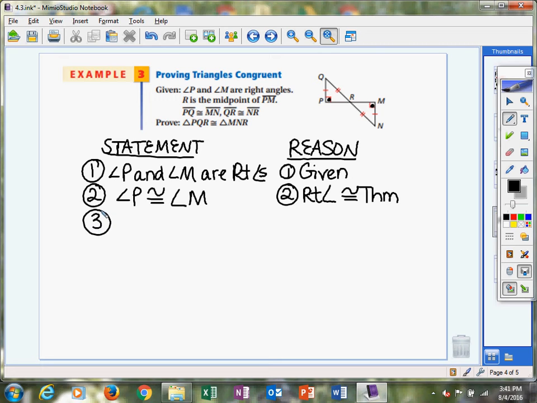Now, the second set of angles I want to target is right here. Look at these 2 angles. We can say that angle PRQ is congruent to angle MRN. And there's a really good reason.